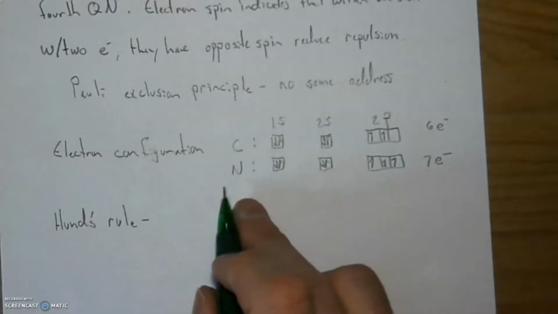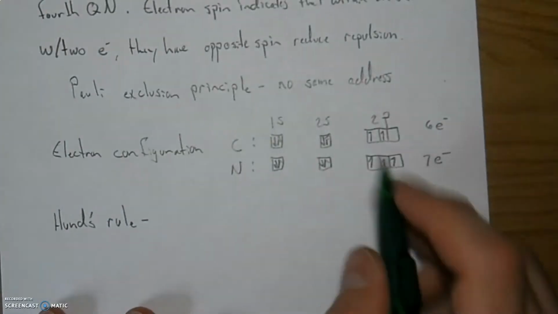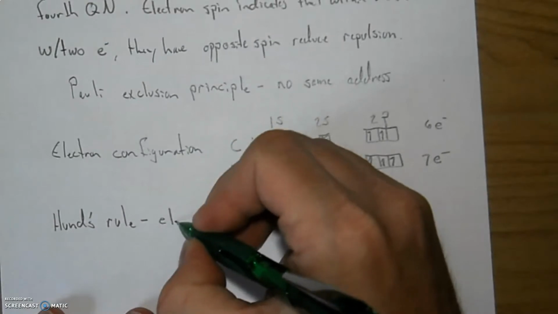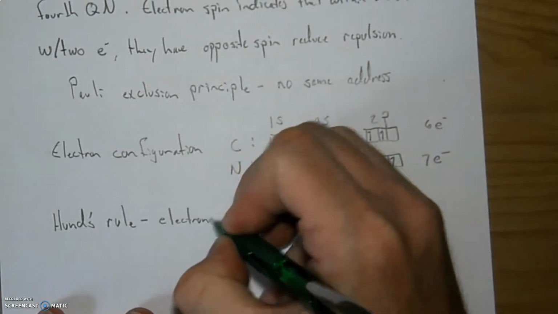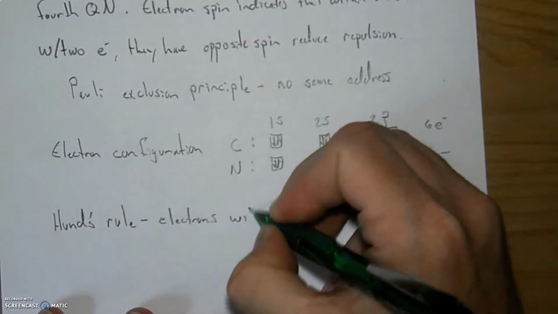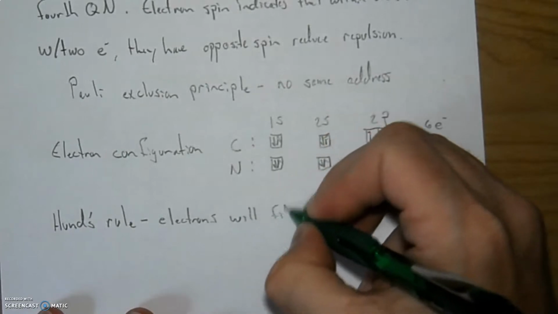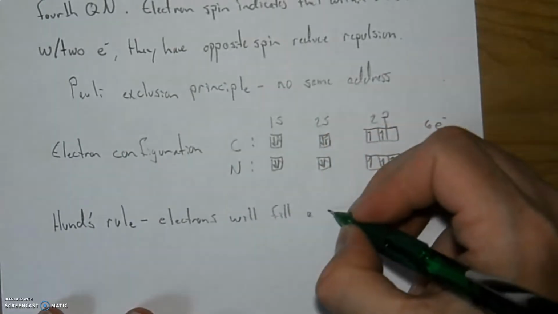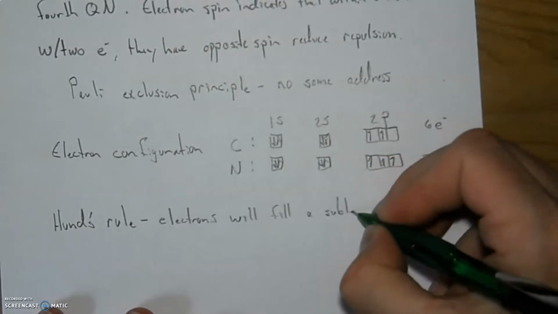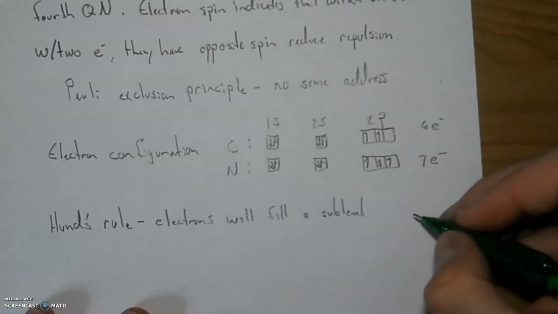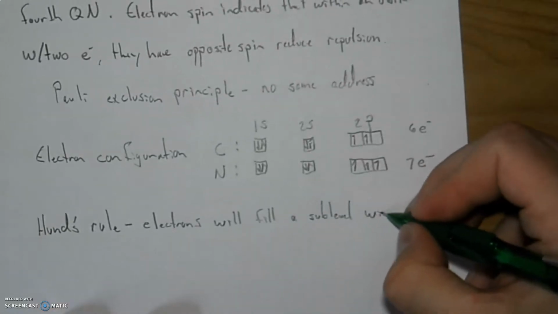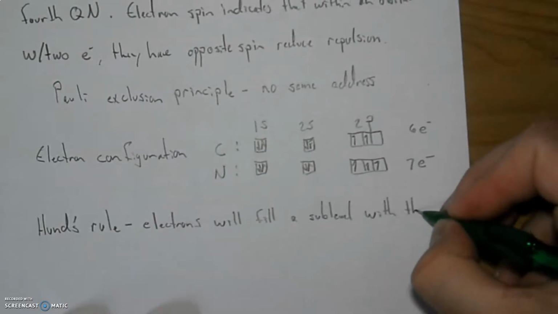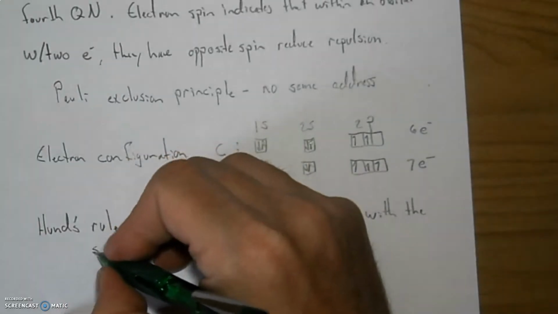And this is going to tell us why we're doing this here. Electrons will fill a sublevel, an S, a P, or a D, with the same spin.